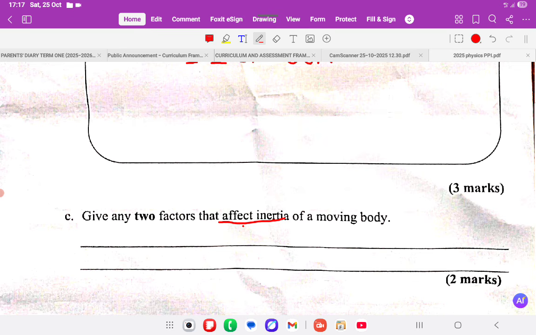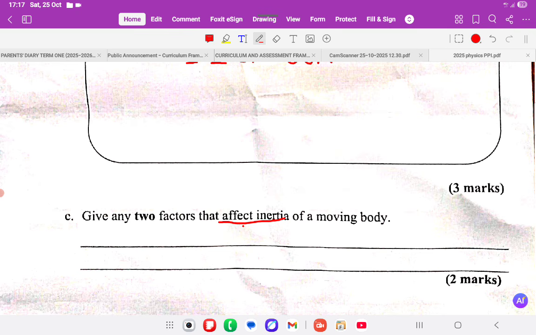Inertia of a body depends on a number of factors. One of the factors is the mass. Mass affects the inertia of a body.